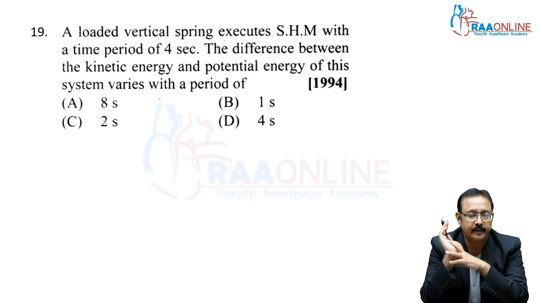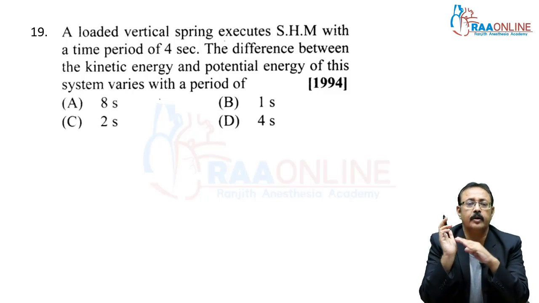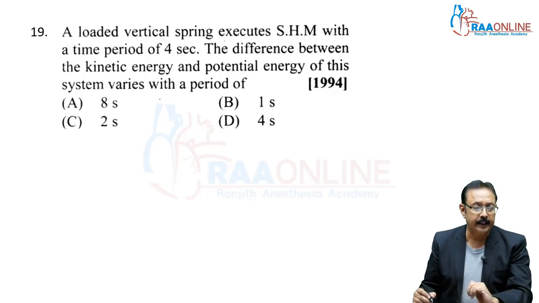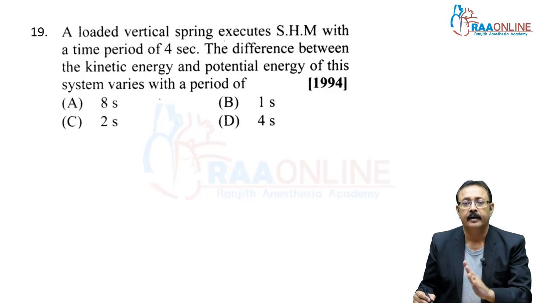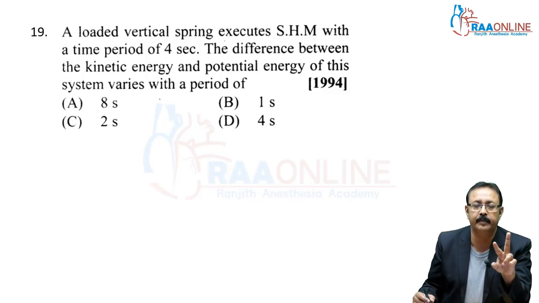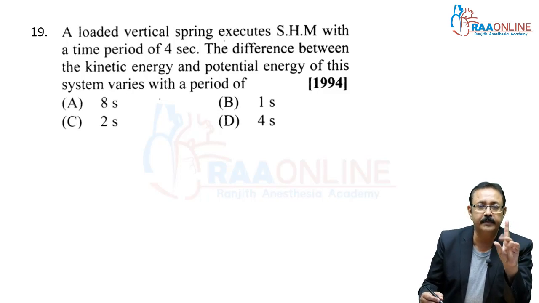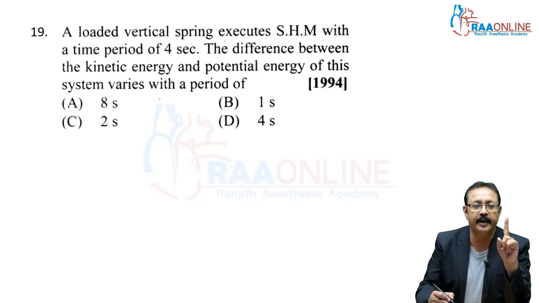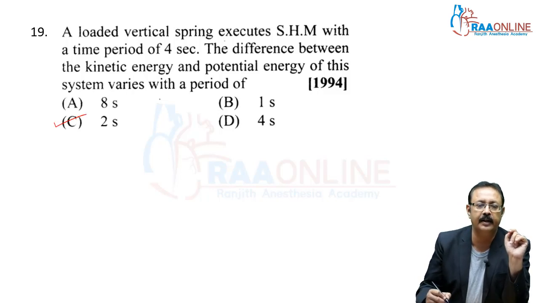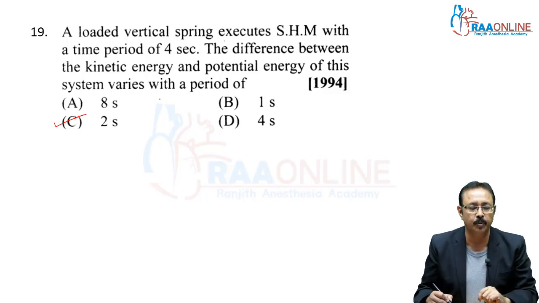The time period of this spring is 4 seconds, and the difference between kinetic energy and potential energy is making a maximum and minimum 2 times in one cycle. So its time period should be 2 seconds. After every 2 seconds, it will give the same value. So we are going with C, 2 seconds.